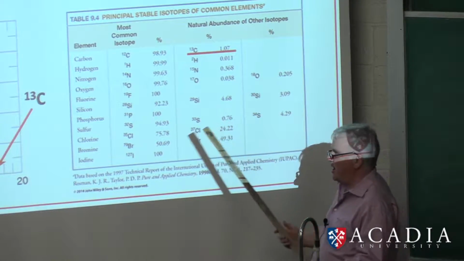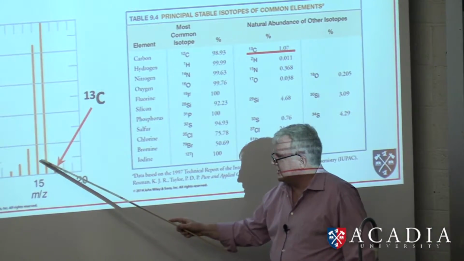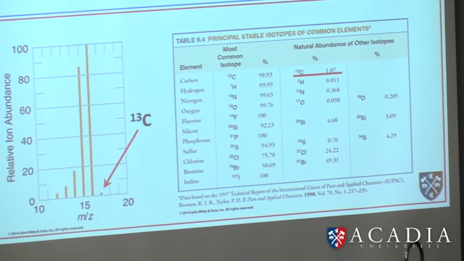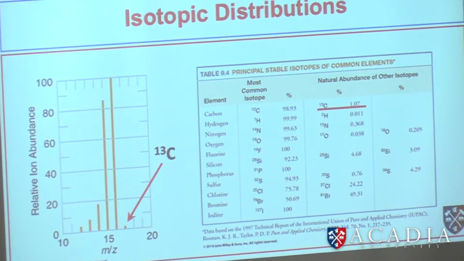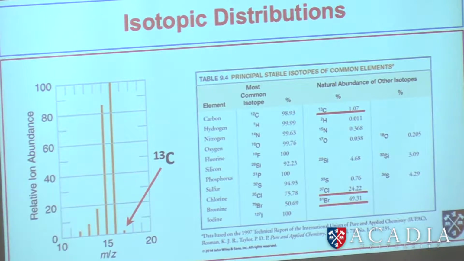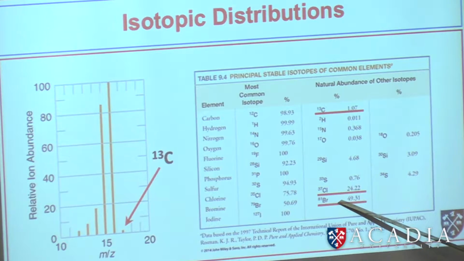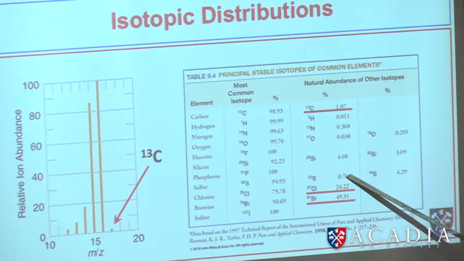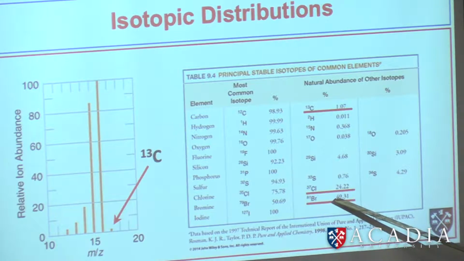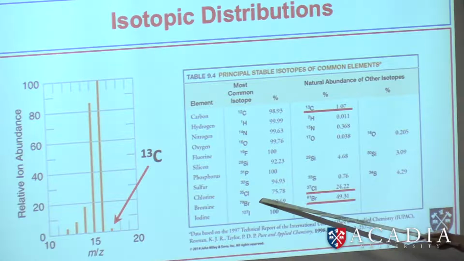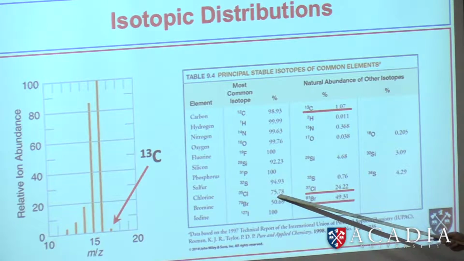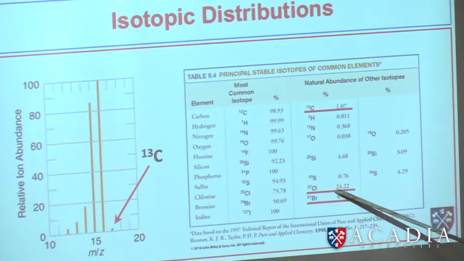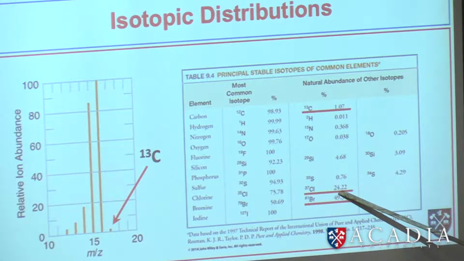Most of the time it's hard. You'd have to take a look at the ratios of this, and it's somewhere around 99 to 1, close to that. That's what we would expect. But take a look at chlorine and bromine. They actually have significant amounts of another isotope. So most chlorine is chlorine 35, slightly better than 75%, but almost 25% of chlorine is chlorine 37.